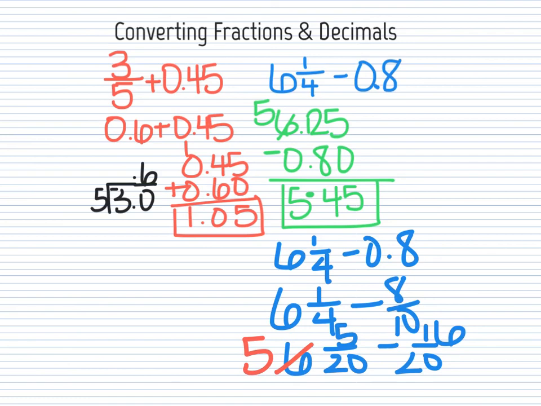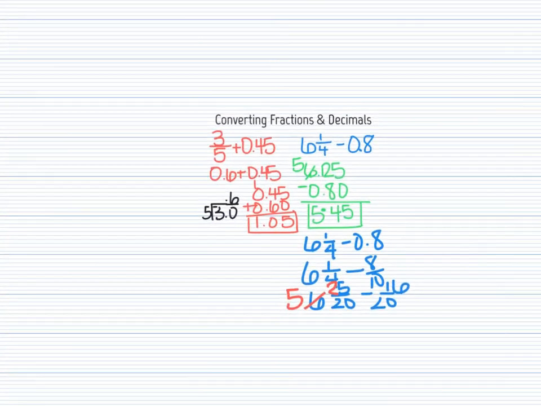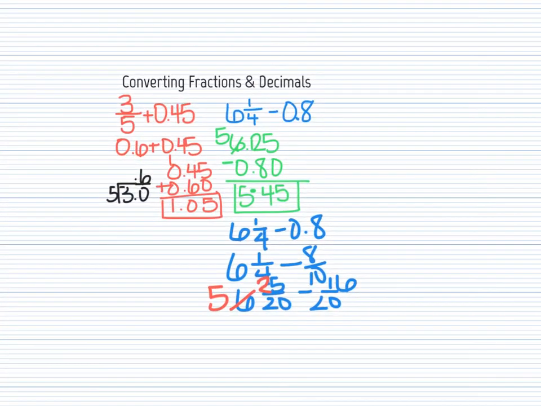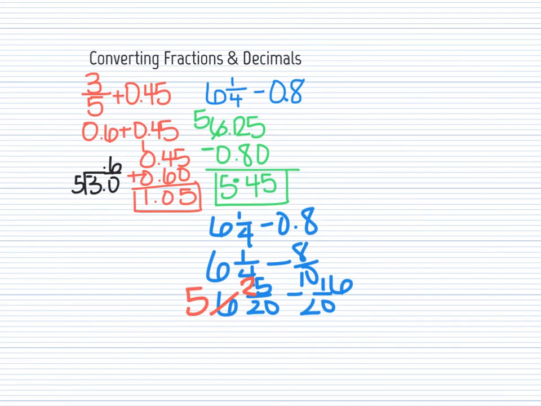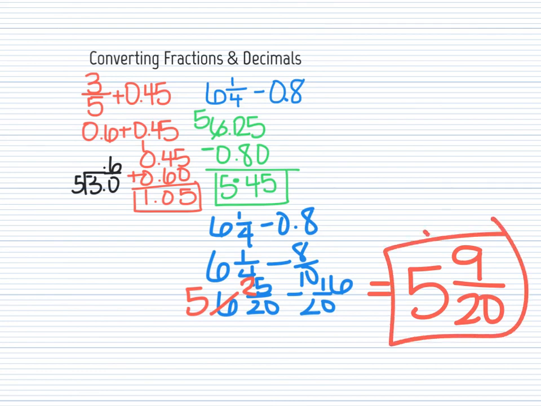And I'm going to add in 20 to my 5, and then I could subtract. Sorry, I'm going to move that, make it a little smaller. Sorry for giving you a headache. I have 5 minus nothing, which is 5, and then 25 minus 16 is 9/20. And these two answers are actually equivalent, and I will take either.